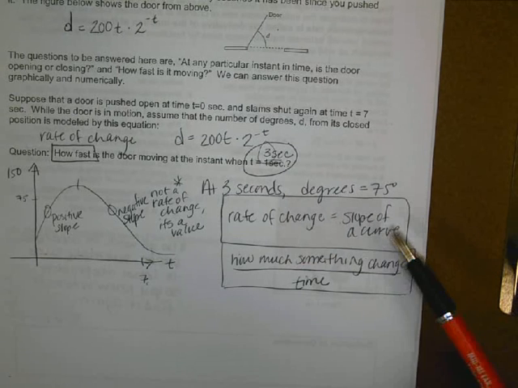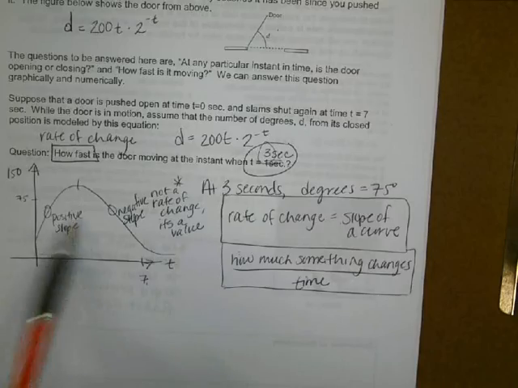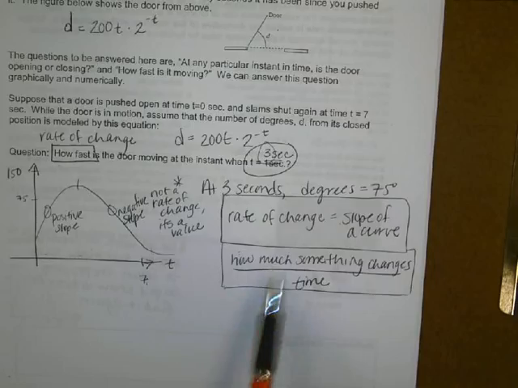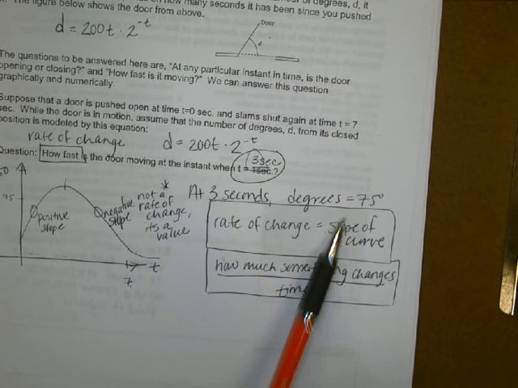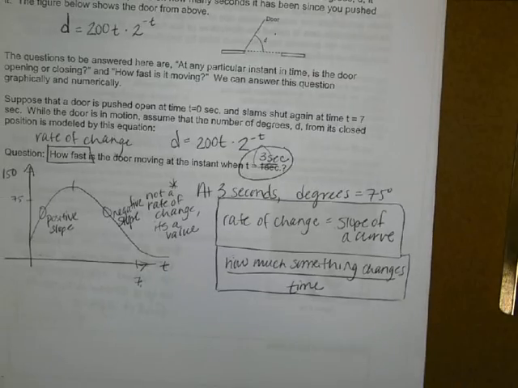So in this case, as we begin to answer this question about how fast it's moving at the instant that t equals 3 seconds, we are going to think of it as how the degrees change over time, which looks like some kind of fraction or division problem, and how the rate of change is some kind of slope. And just to throw this out there, when we found slope in linear equations, you stack and subtract, where you subtract the y values and divide it by the subtracted x value. Keep that in mind.